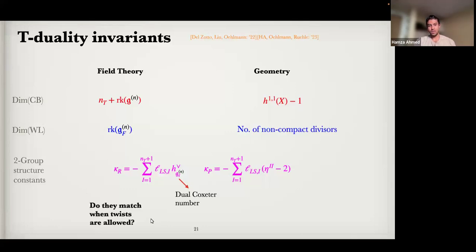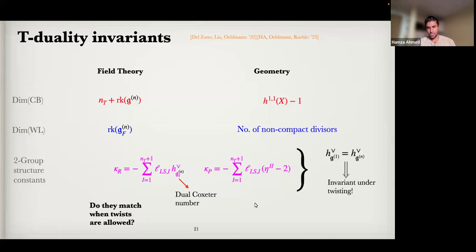A nice fact is that the dual Coxeter number for an affine Lie algebra G and its twisted version is actually the same, so it doesn't change under twisting. And the kinds of twists that we're talking about, the folding of the fibers, do not change anything in the base. So this would also be trivially invariant. So twisting does not actually change these quantities. It does change these, as we'll see.